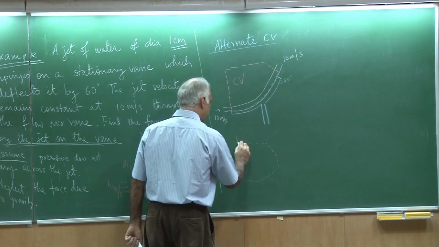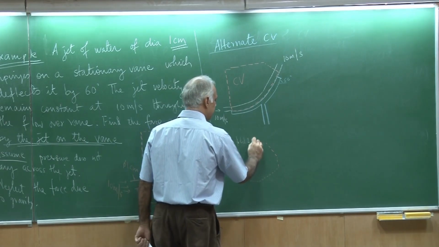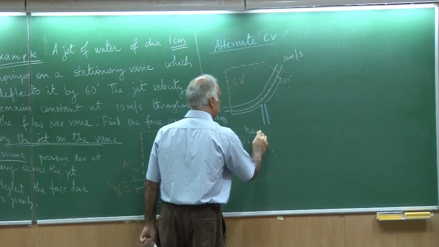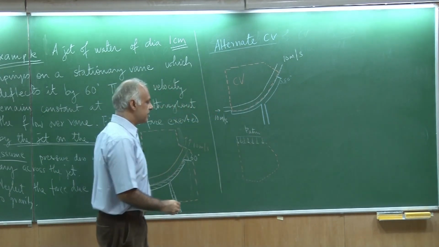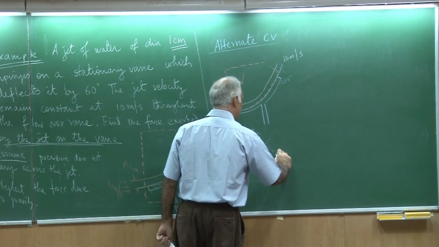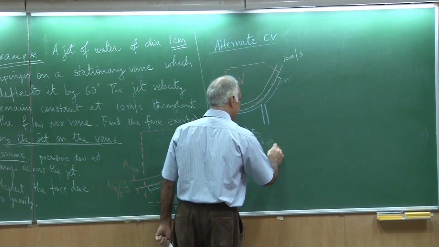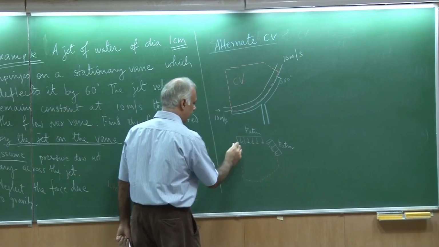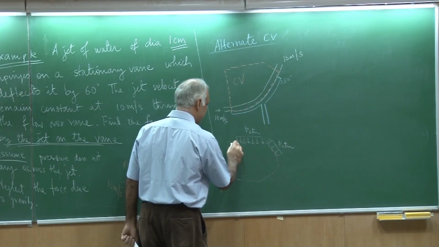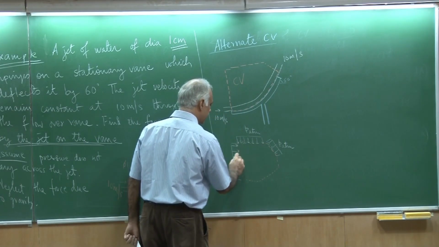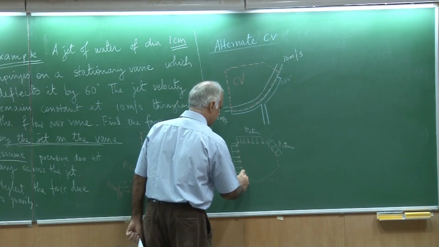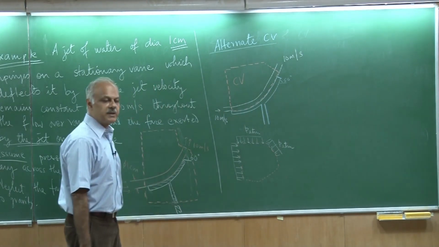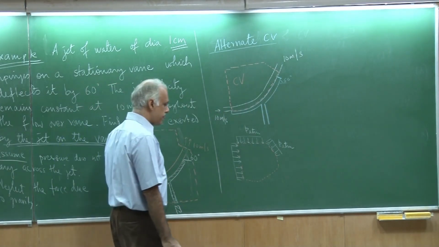So what I am going to have is atmospheric pressure on the upper surface. Likewise, I would have atmospheric pressure on this surface, and I would have atmospheric pressure on this surface, again because of the assumption that there is a jet embedded in this, but there is no pressure variation across the jet.